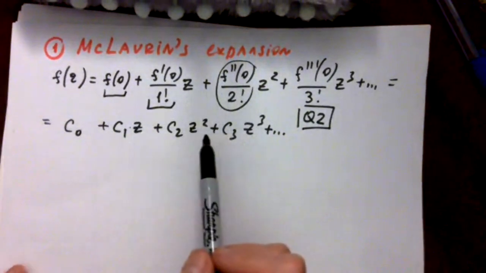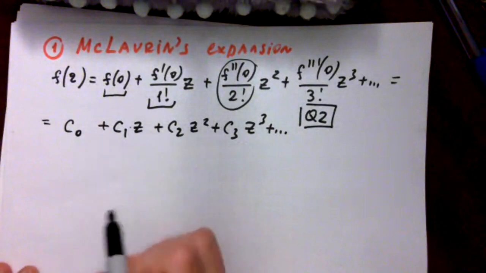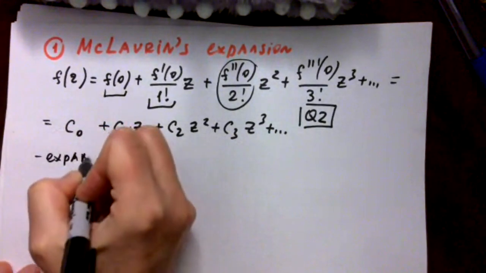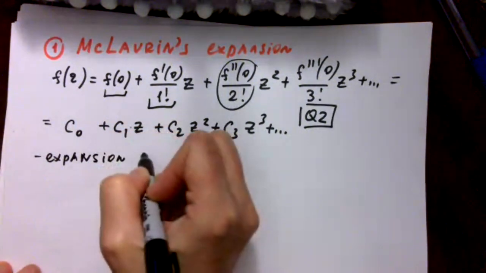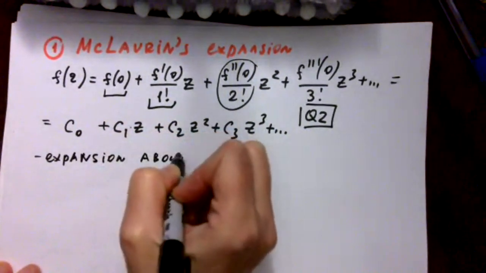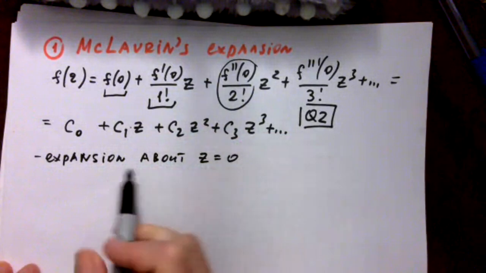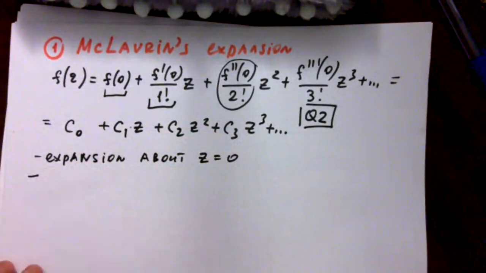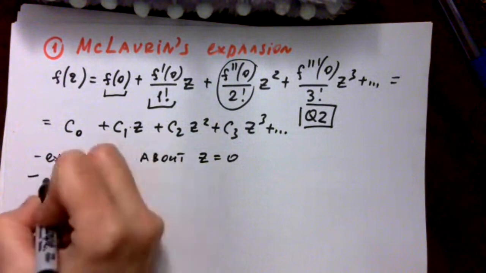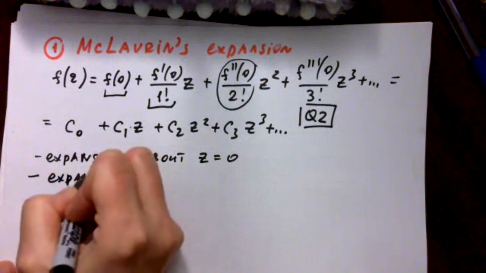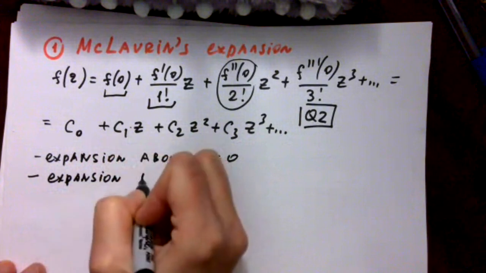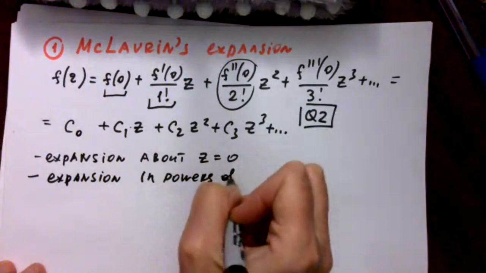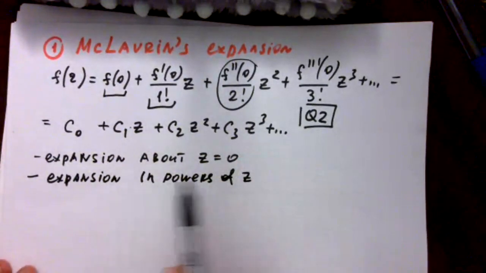You know what? This expansion has different names, actually. Sometimes mathematicians say that this is expansion about a point z is equal to 0. So they use this term. Another way, sometimes they build this phrase in different ways. So this is expansion in powers of z, which seems to make more sense.